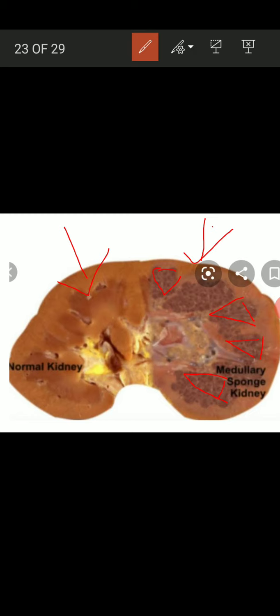These pyramids have many small cysts. You can see here, these pyramids have many small cysts. These are the cysts which are present in the pyramid. It is formed due to dilatation of papillary collecting duct.